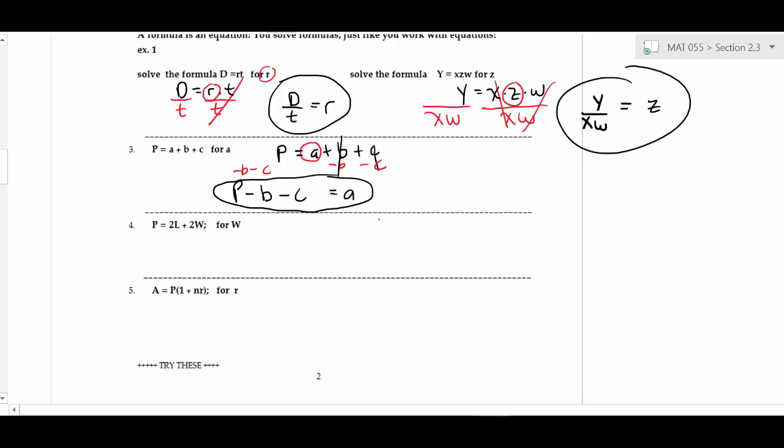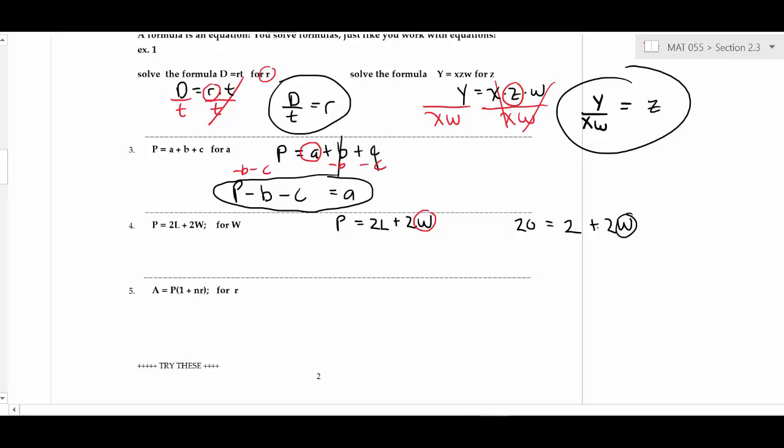Okay? Now, this problem right here, before I do it, and you may be able to do this just fine, I just want to point out that you've done this same kind of thing all semester, and you don't need to necessarily write this down. I just want to pretend like we had, instead of 2L, let's just say we had just a 2 there. Okay, if you were going to solve this equation, how do you get rid of this 2?